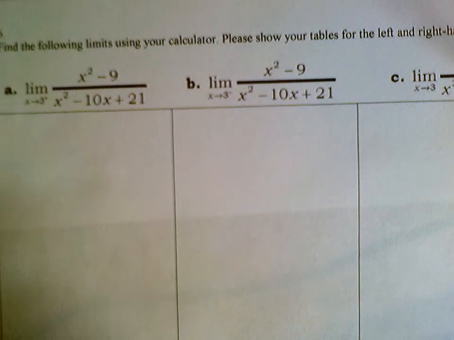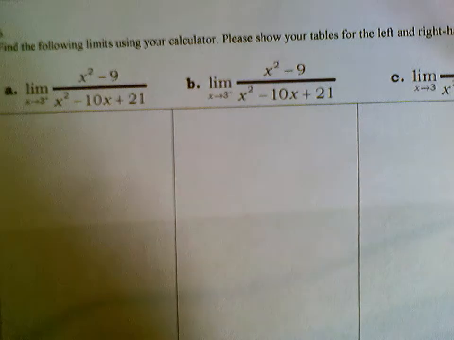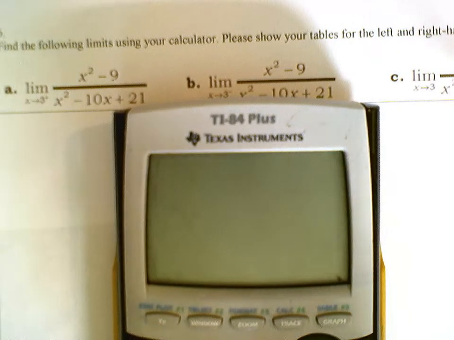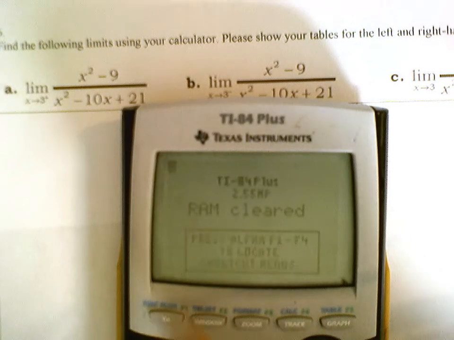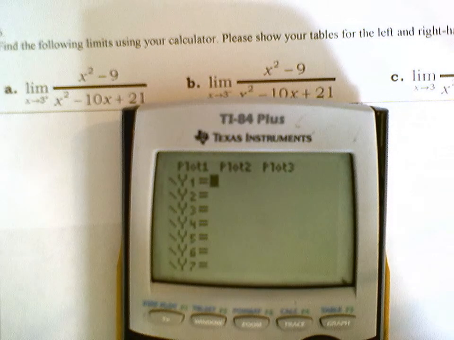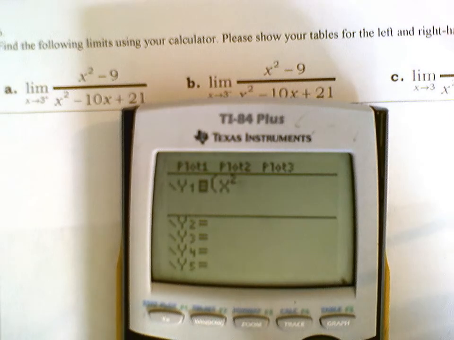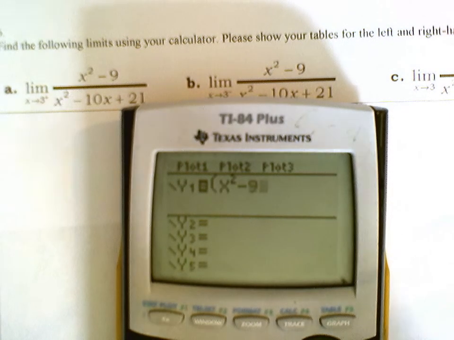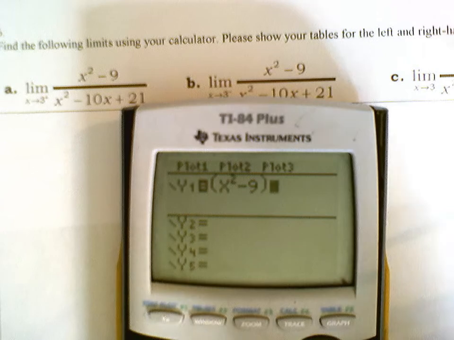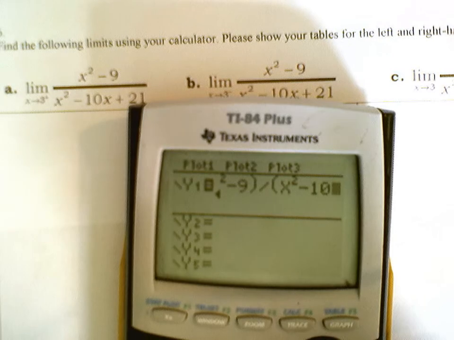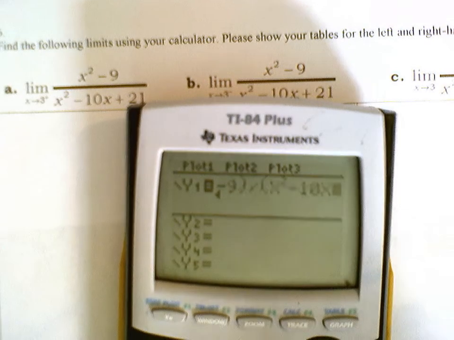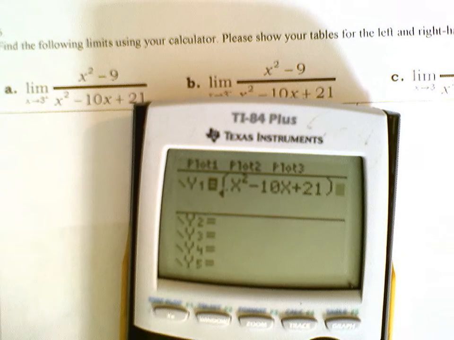Okay, so I'm going to take my calculator and I'm going to graph. It's the same function every time. So I go to y equals, I'm going to graph my function. This is x squared minus 9, close parentheses, divided by x squared minus 10x plus 21, close parentheses.